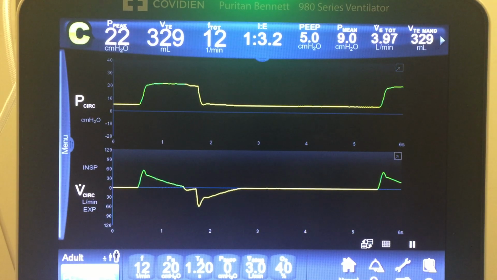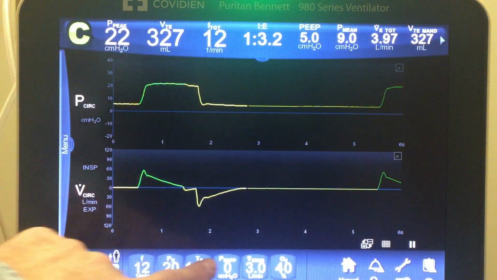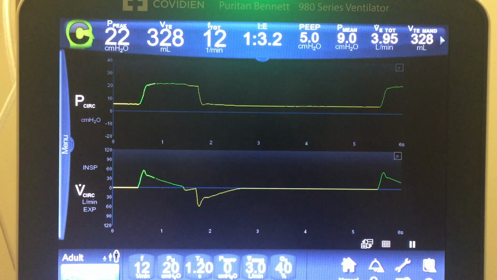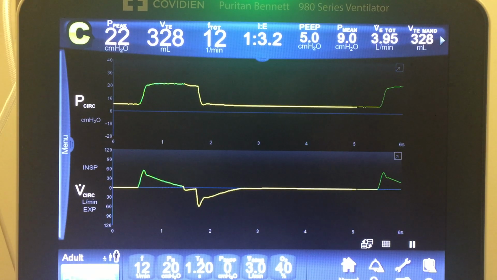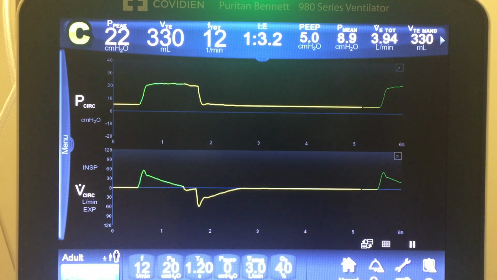Okay, so let's talk about pressure support. Right now I don't have pressure support set, and this gets really in depth, so I'm actually going to make another short video with some better graphics to go through pressure support. I'm only going to intro it here, and if you want more detail on pressure support in bilevel, then you can watch my other video.